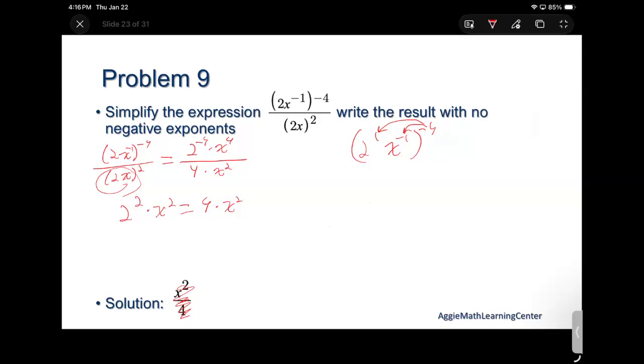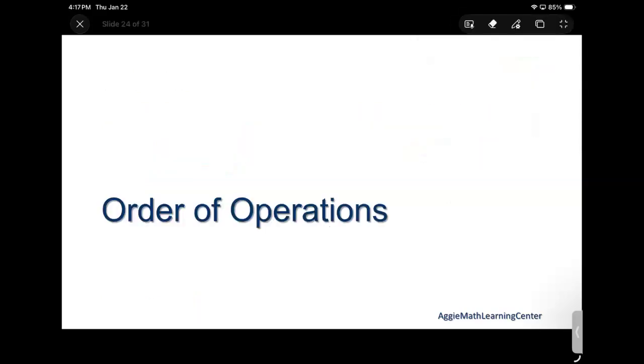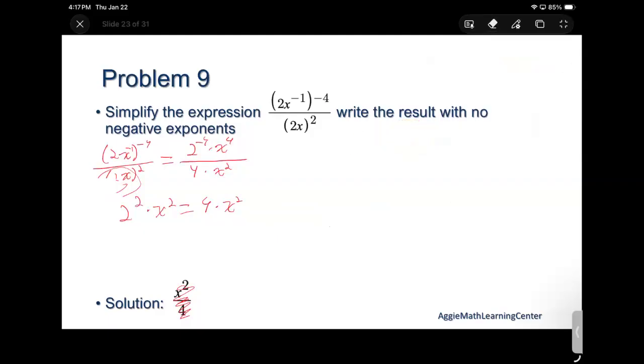Awesome. All right, so going back to the numerator. We've got 2 to the -4th times x to the 4th. So what happens when we have a negative exponent? It goes to the bottom. Yeah, it goes into the denominator, and we treat the exponent normally.